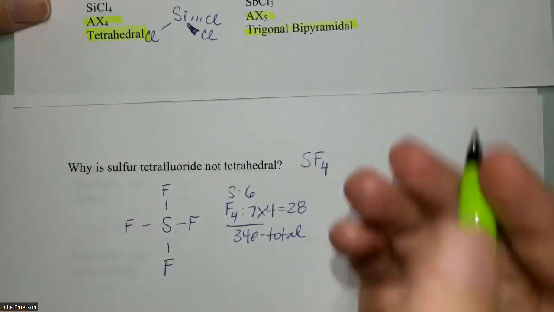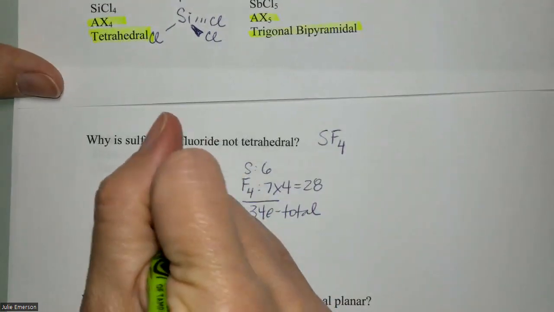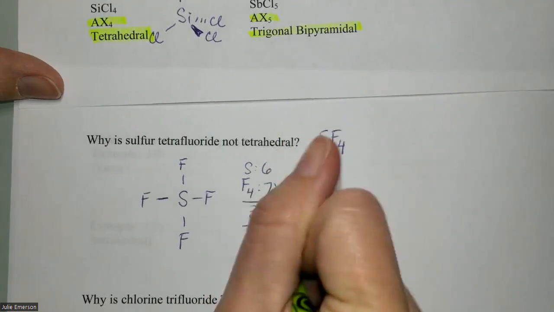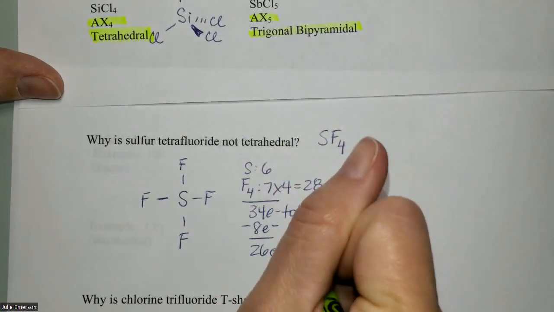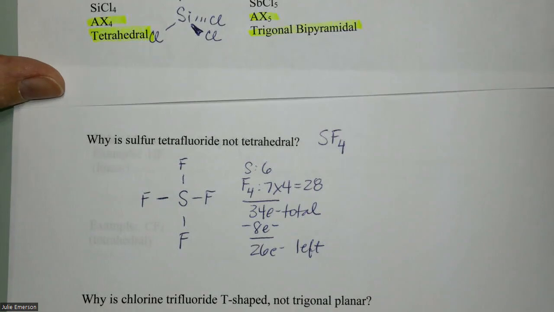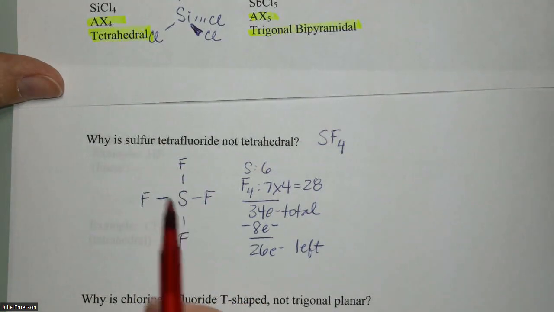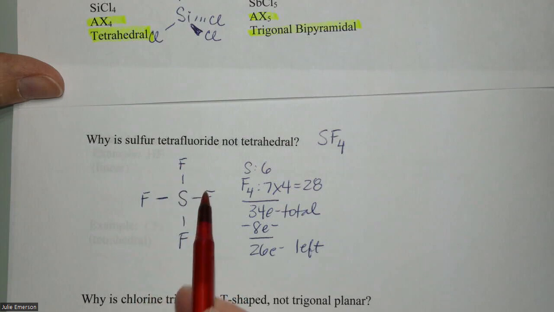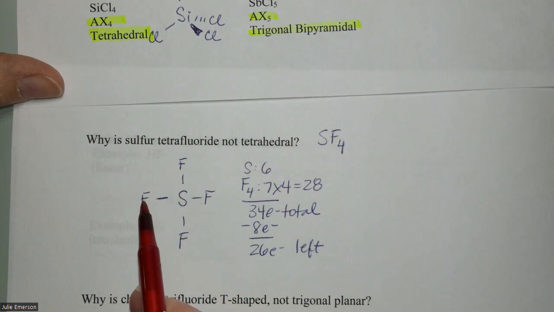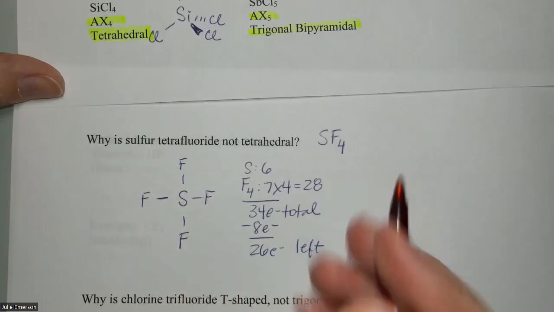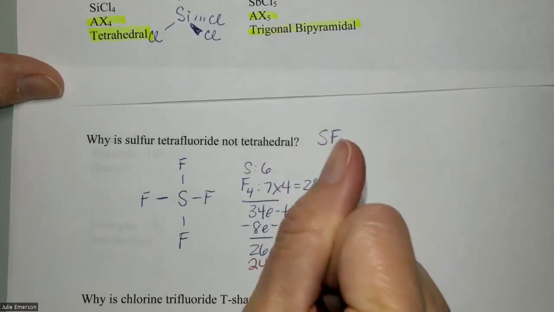All right. So when I look at my structure, I've used 8 so far. So I've got 26 left. When I look at who needs what, sulfur looks like it's full, 2, 4, 6, 8. So each of those fluorines would need 6 more to complete the octet. So 6 times 4 would be 24.